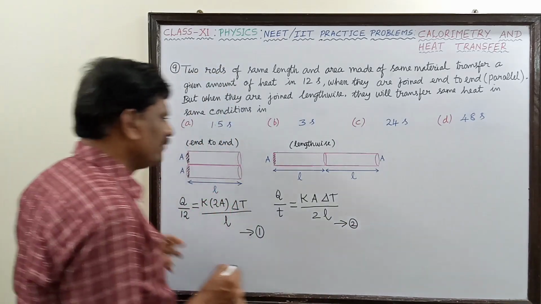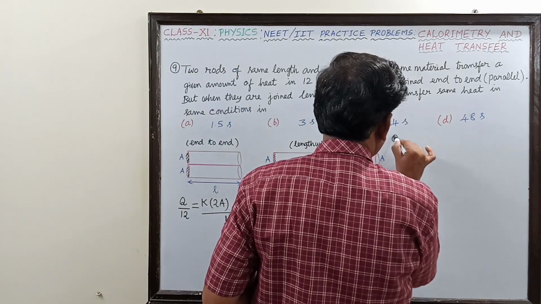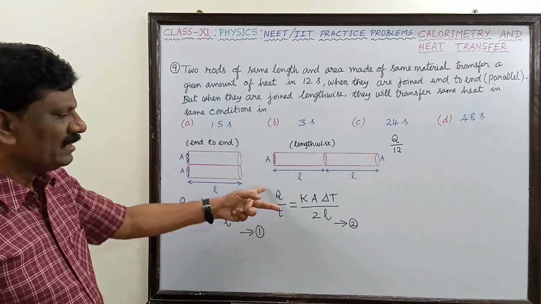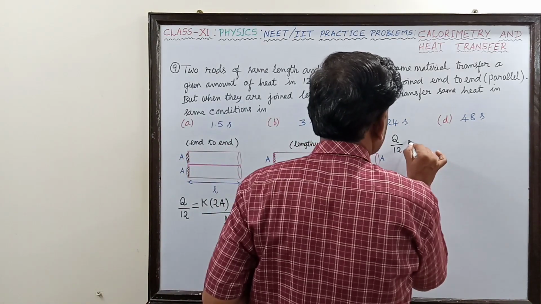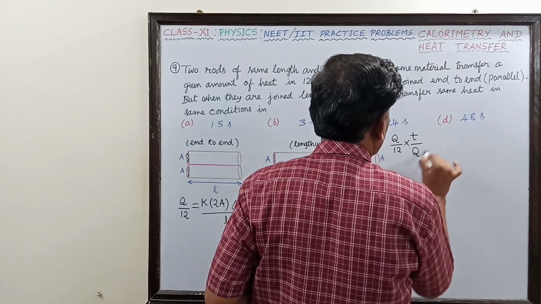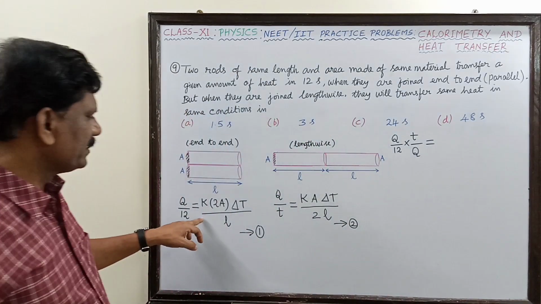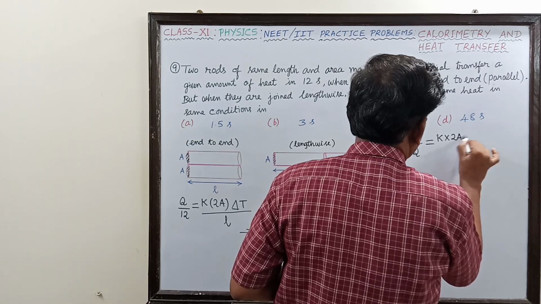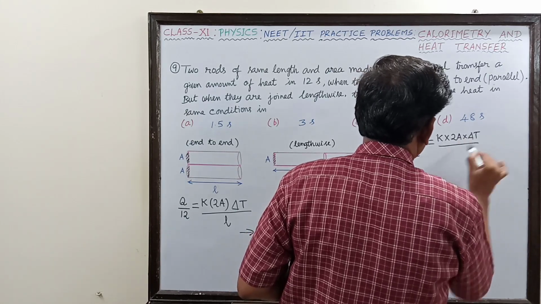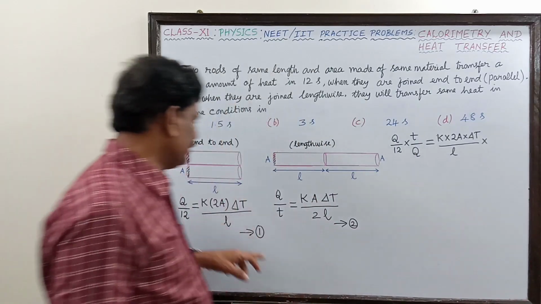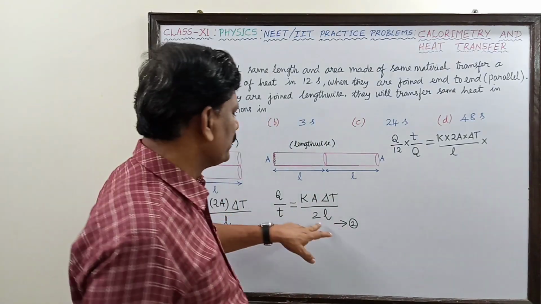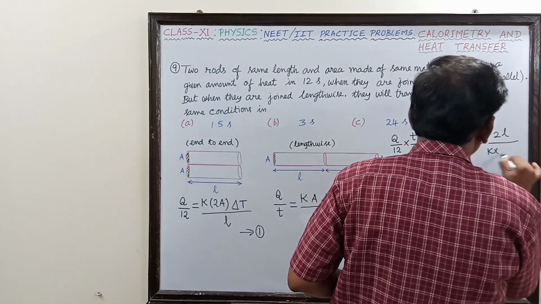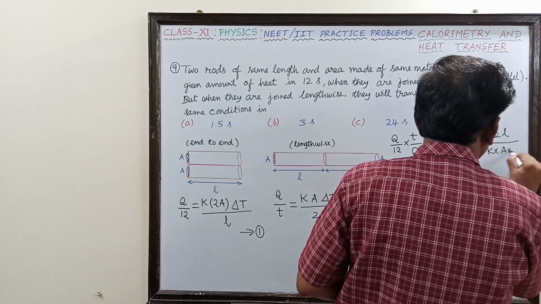Now if you divide the first equation by the second equation, left hand side will become Q by 12, multiplied by the reciprocal, T by Q. And on the right hand side, K into 2A into delta T divided by L, multiplied by the reciprocal of the second, 2L divided by K into A into delta T.